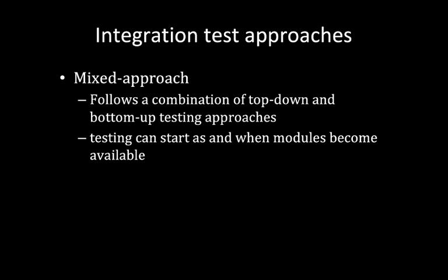If 2 or 3 modules are available, we simply integrate those 2-3 modules and test it. And if some other time one more module is ready, then we try to add that module to the system and perform this integration testing. So we don't start from leaf nodes or root nodes. We simply try to integrate whenever some module is available. So this is known as mixed approach.